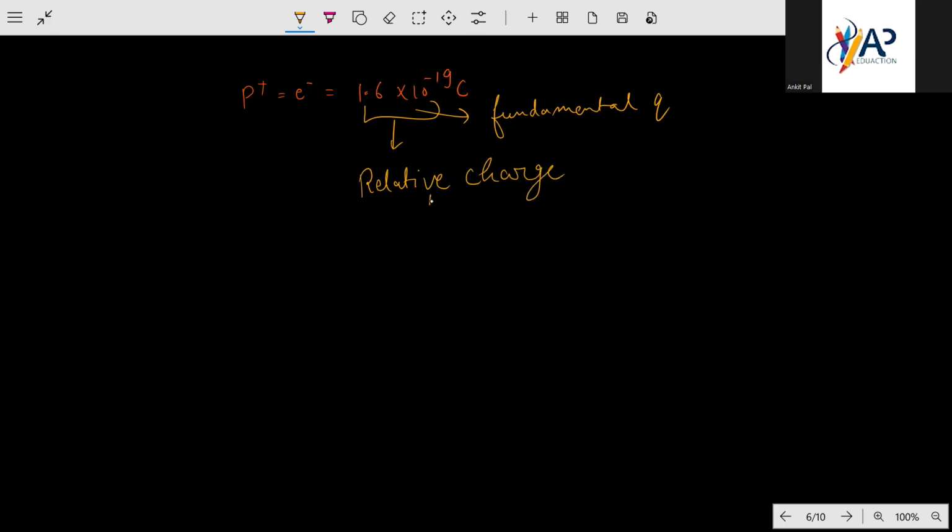According to the proton, it has +1. According to the electron, it has -1. And according to the neutron, it is 0. Why do we write +1? Because the proton has positive charge, right?